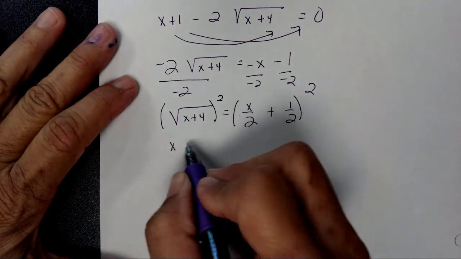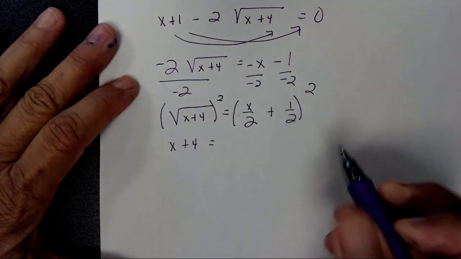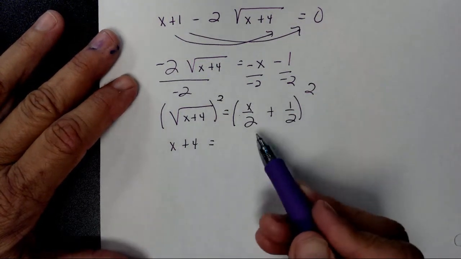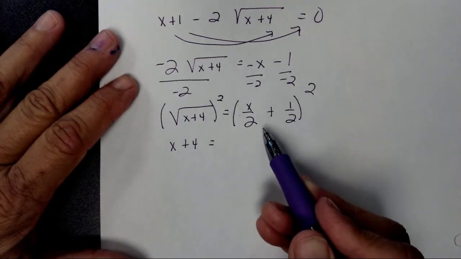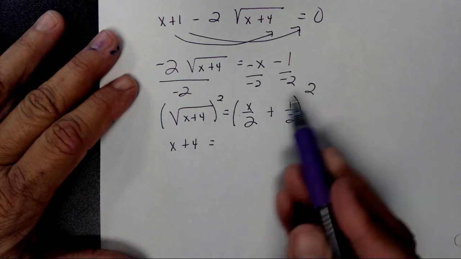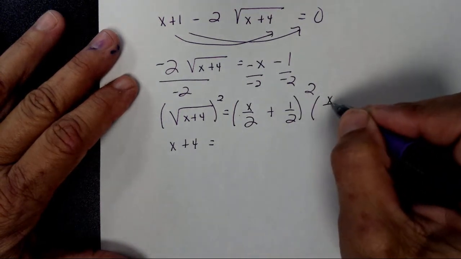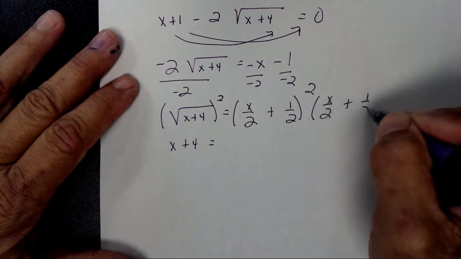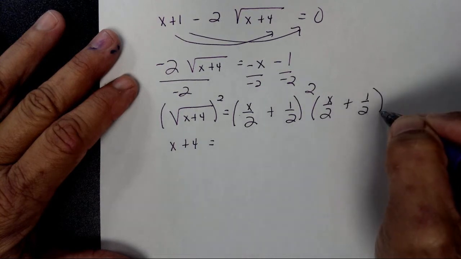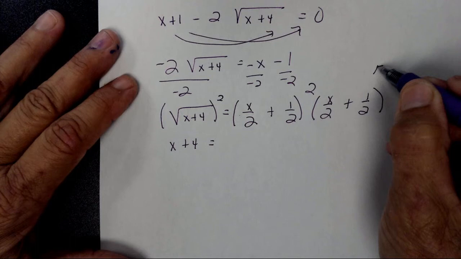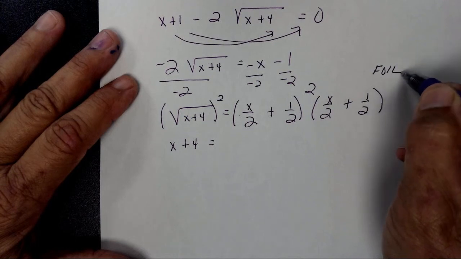Here's the easy side. What does squaring this side mean I really need to do? Does it mean square this and square this, or does it mean multiply it times itself? Which then means we need to do what to it? FOIL it, right? We need to FOIL it.